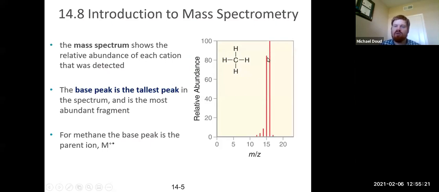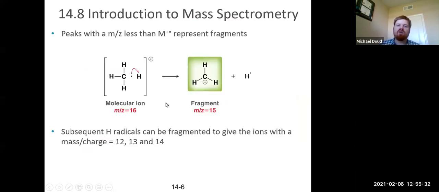So now you notice that's not the only fragment that we see, right? We also have fragments at 15 atomic mass units, then down to 14, 13, and even down to 12. So the existence of these other fragments suggests that something else is going on here.